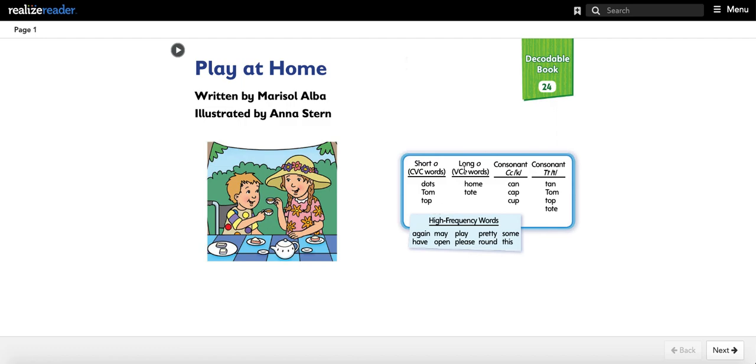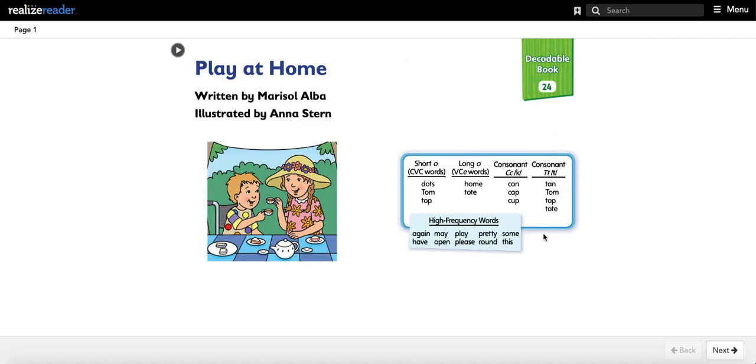Some long O words: home, tote. Some consonant C that make the K sound: can, cap, cup. Consonant T: tan, Tom, top, tote.